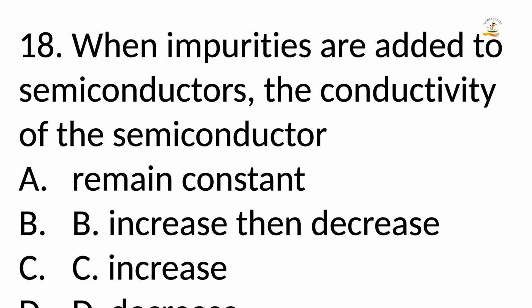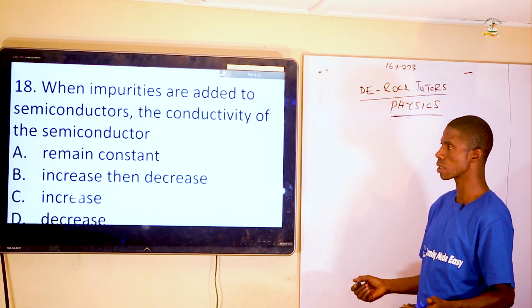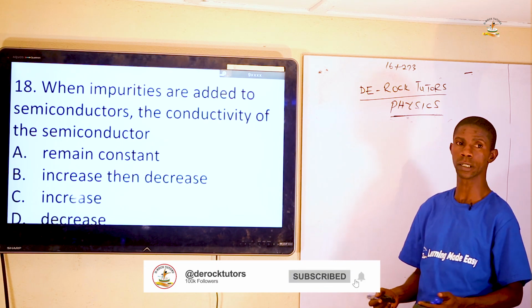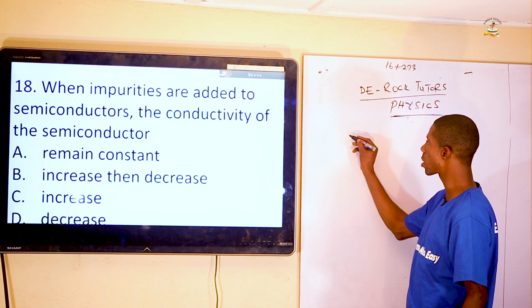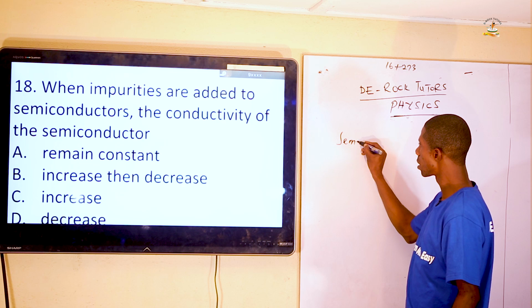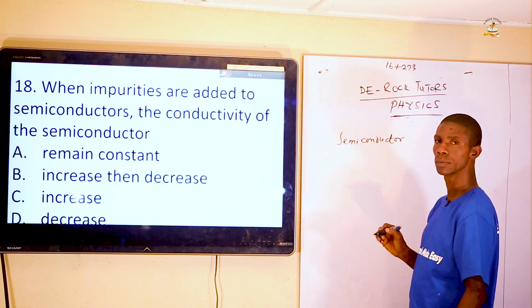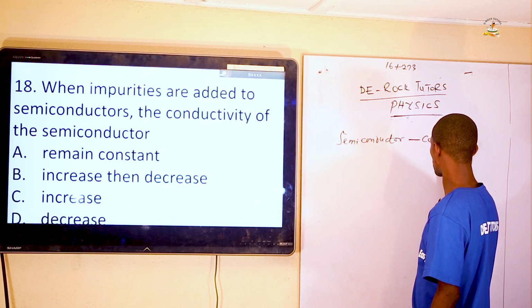When impurities are added to a semiconductor, will the conductivity remain constant? Will it increase then decrease? Will it increase or decrease? At high temperature, a semiconductor will start to conduct, changing from a semiconductor to a conductor.